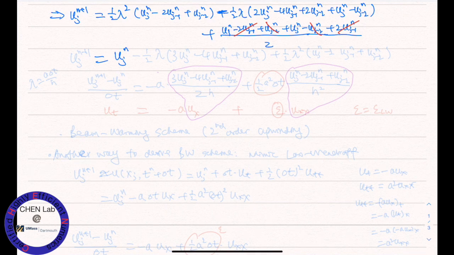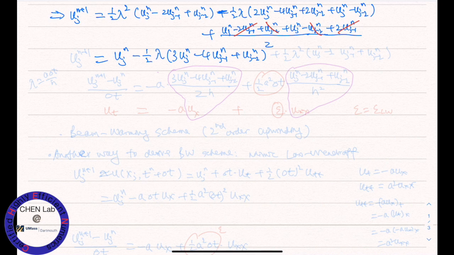And then we have the linear term, 1/2 lambda. You simplify, you're going to get 2 u_j^n plus u_j^n, you're going to get 3 u_j^n, right, minus 4 u_{j-1}^n, u_{j-2}, you get 2 minus 1. So it's plus 1 u_{j-2}^n, right?